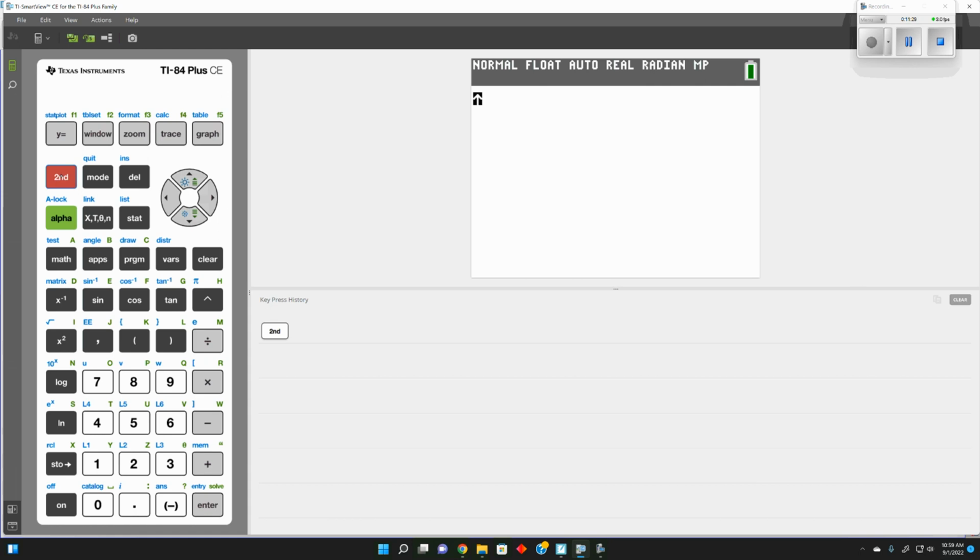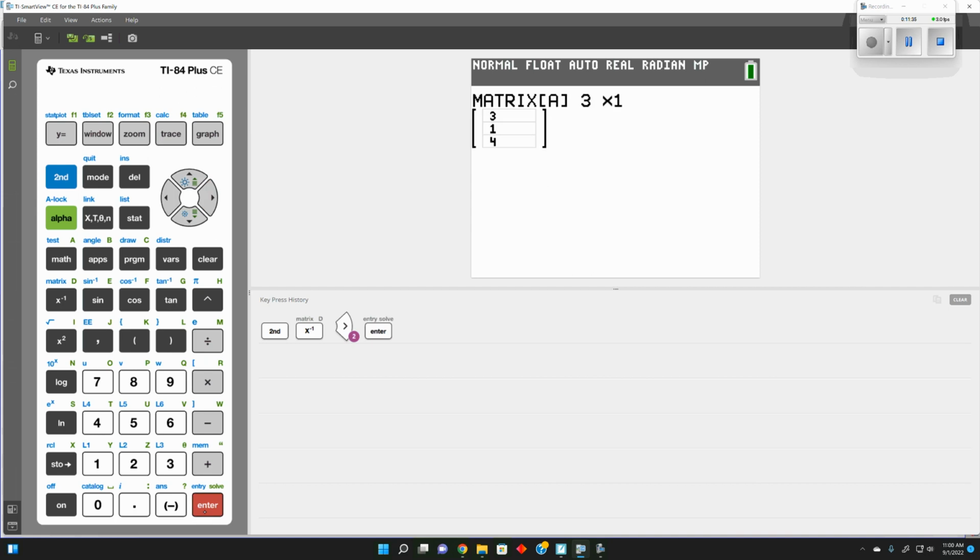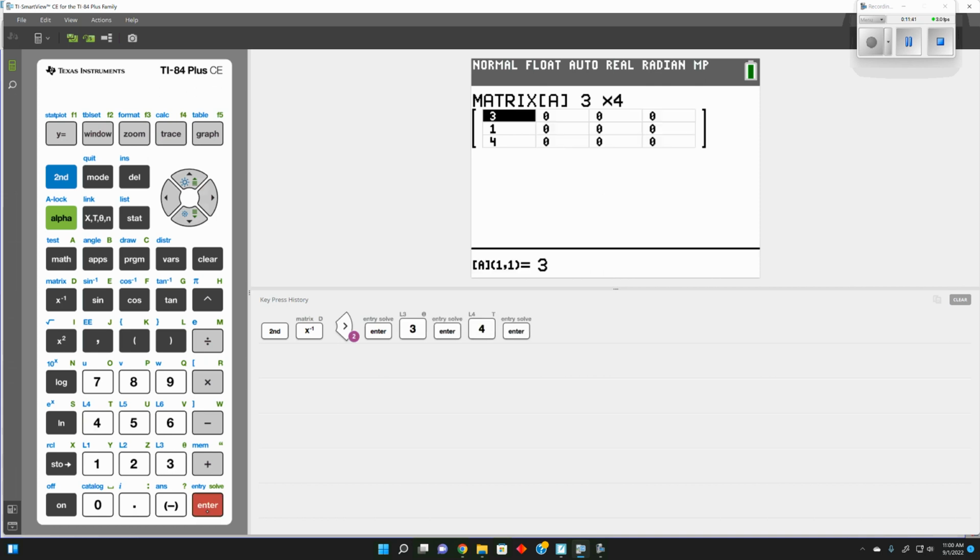The next thing we'll do is go second matrix and over to edit. Now, all of these three variable systems of equations are going to be a 3x4 matrix. And we can start off by plugging in the first set of numbers across the top.